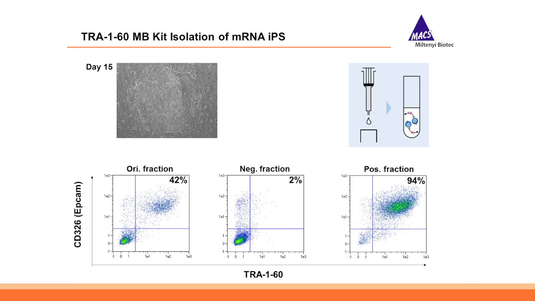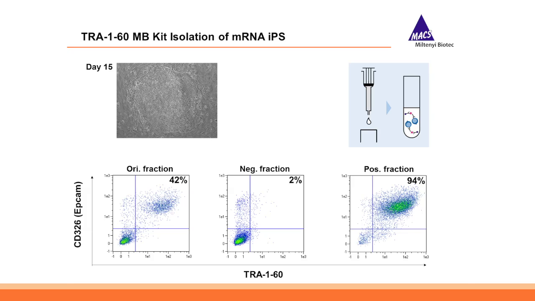And everything which is not positive for TRA-1-60 will run through. And if you later on release the column from the magnet, then the column is not magnetic anymore and will not bind the magnetic beads anymore. And then you can also wash out your positive sample and hopefully have just your TRA-1-60 positive cells.